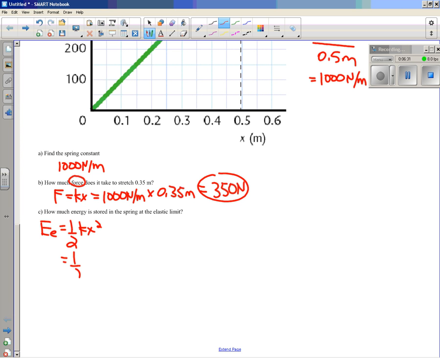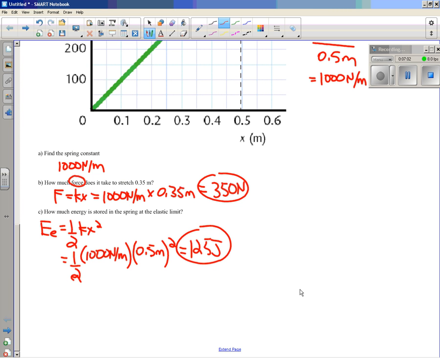It's probably the easiest way to do it, the way that most people would choose, because that's just going to be 1,000 newtons per meter times how much it stretches at the elastic limit, 0.5 meters, and that's squared. It's going to give you the right answer. It gives me 125 joules of energy.